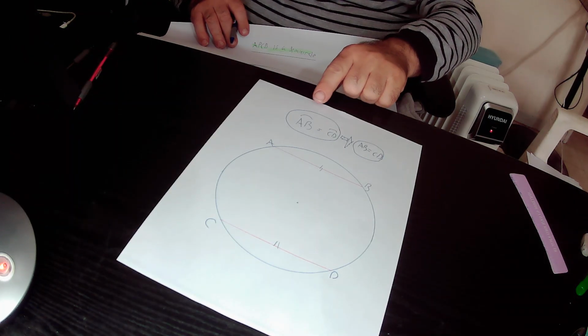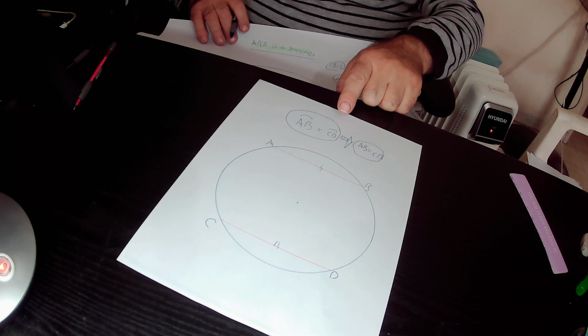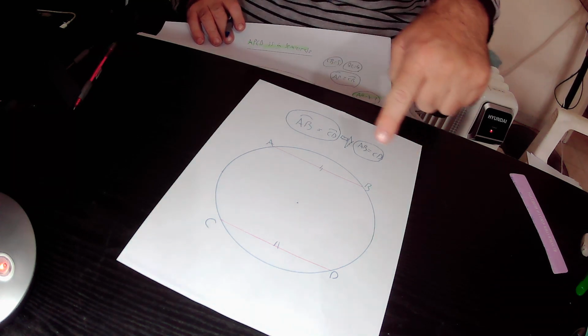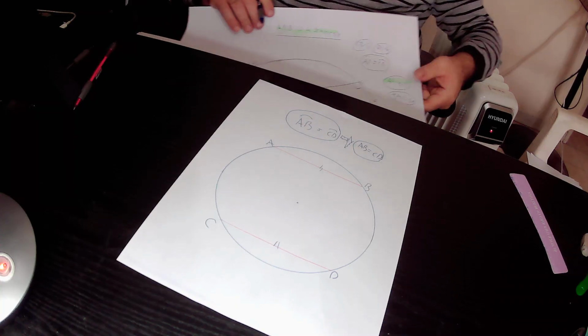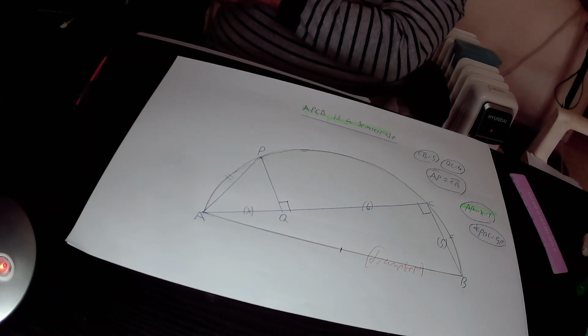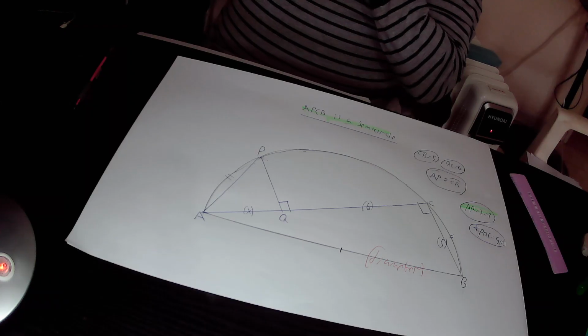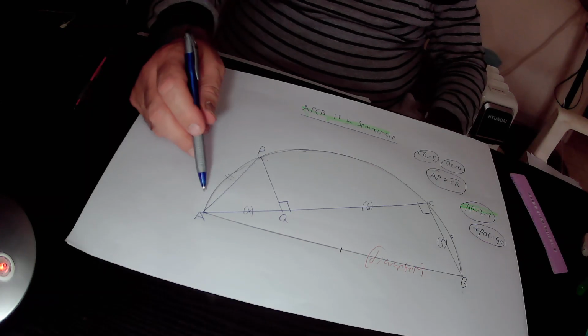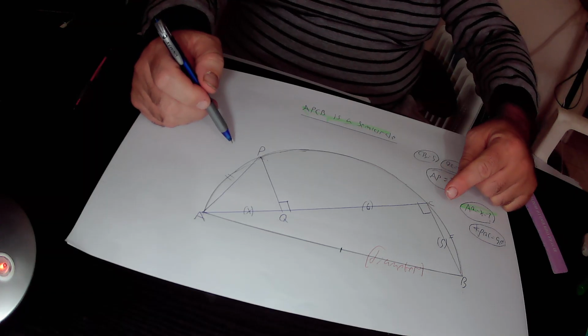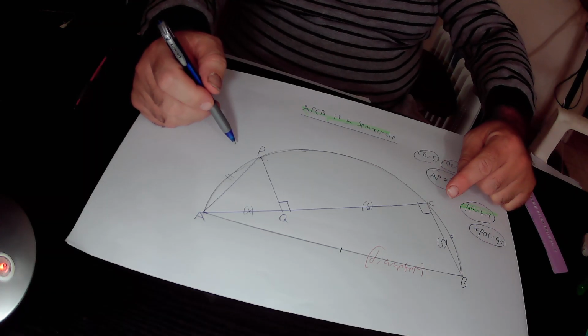Again, if arc AB equals arc CD, then their corresponding chords must also be equal to each other in their lengths. That is to say, chord AB equals chord CD in its length. So we can implement rule 56 in our drawing. In our drawing, it is given in the question that arc AP equals arc CB in its length, and therefore their corresponding chords must also be equal to each other in their lengths.